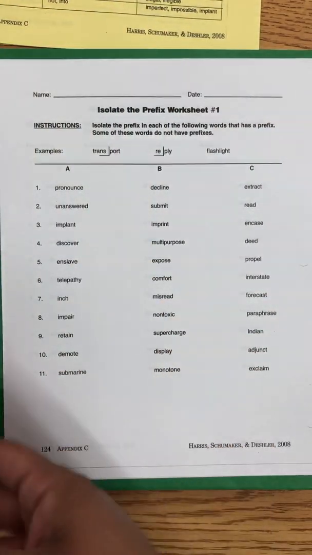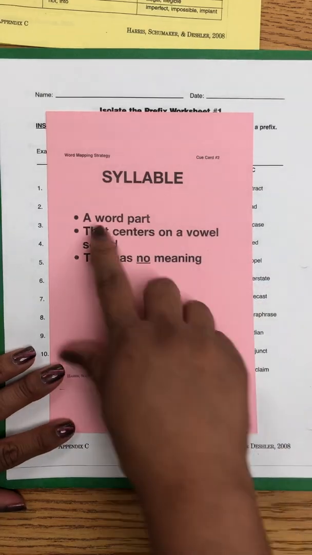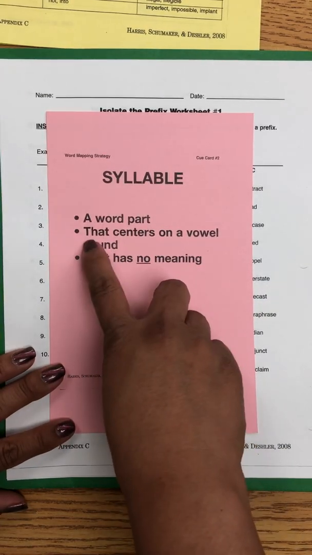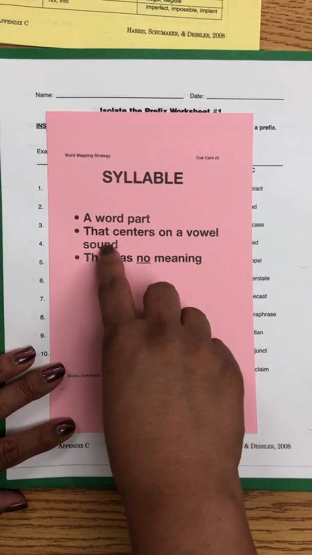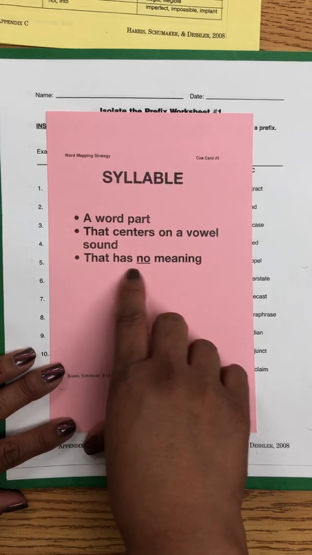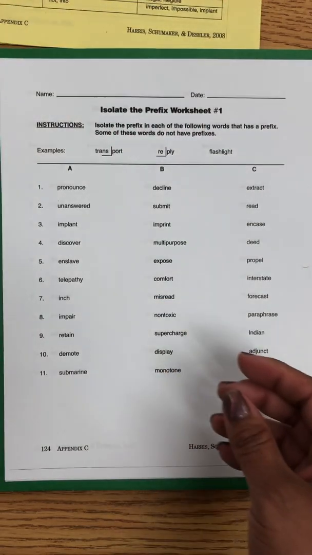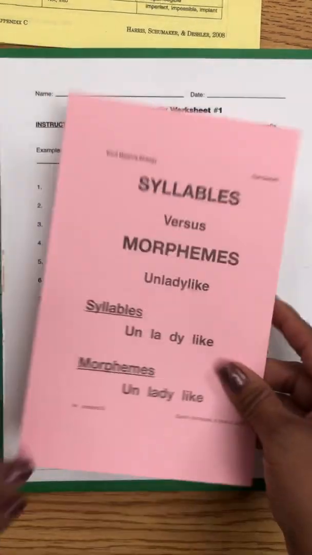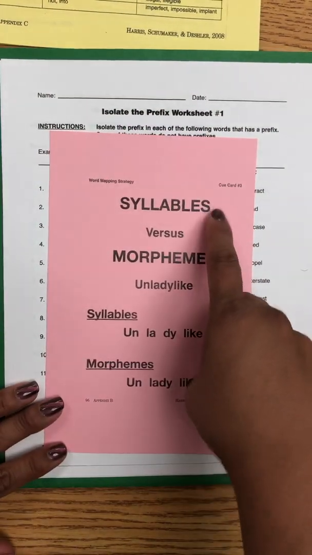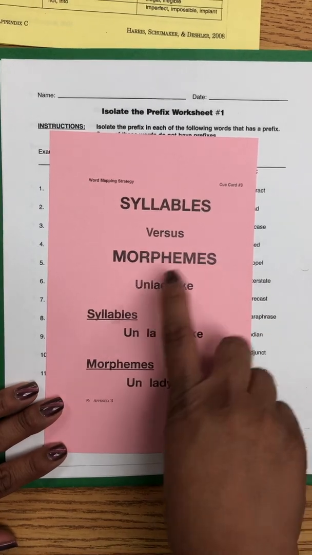Then we have a syllable, and a syllable is a word part, but it centers on a vowel sound, and it has no meaning. So that is the difference between a morpheme and a syllable. So on cue card number 3, we have syllables versus morphemes.